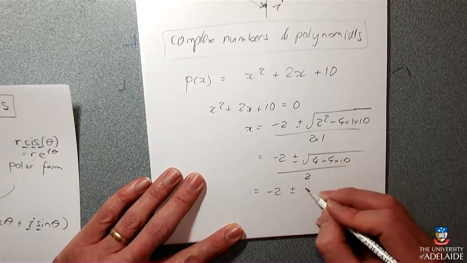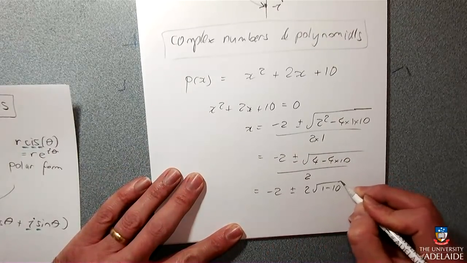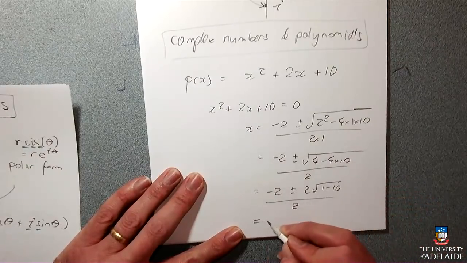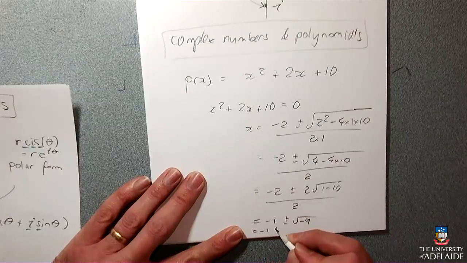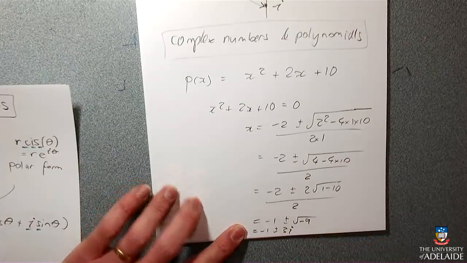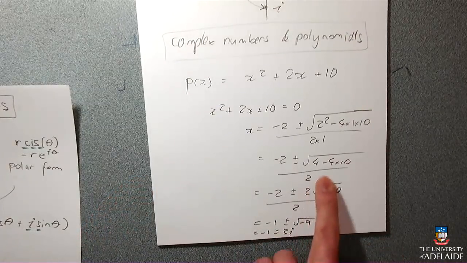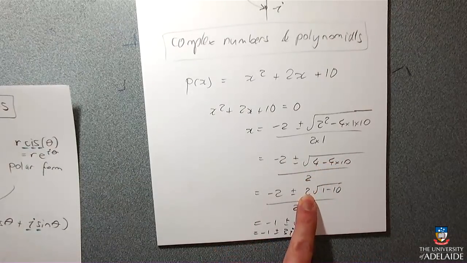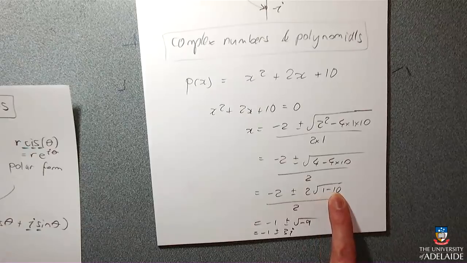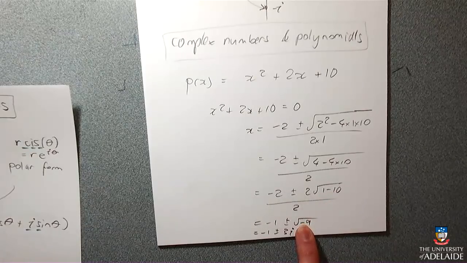I can pull that 4 out and it will be a 2. So this move here, they both had a 4, so I factorised it out and then I square rooted it and it got a 2. And that left me behind the 1 and the 10. That gave me a minus 9. The square root of 9 is 3 and the square root of the minus 1 is i. And so I got minus 1 plus or minus 3i.